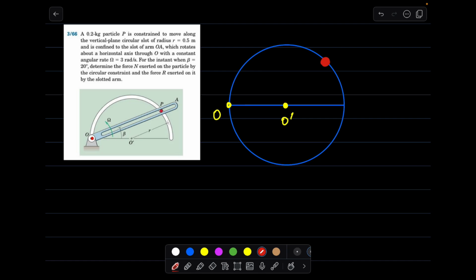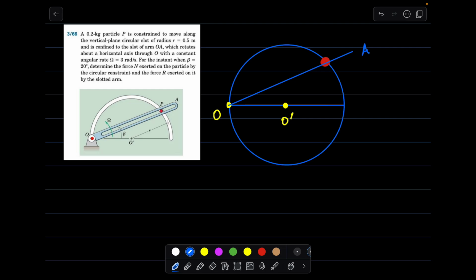Here you can see that this point P is on the circumference, and I will connect this O with the point P. Suppose this is slot A, O to A. Now we have to draw the forces which are working on this red particle P.